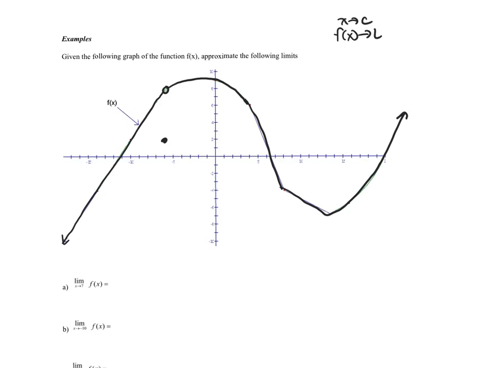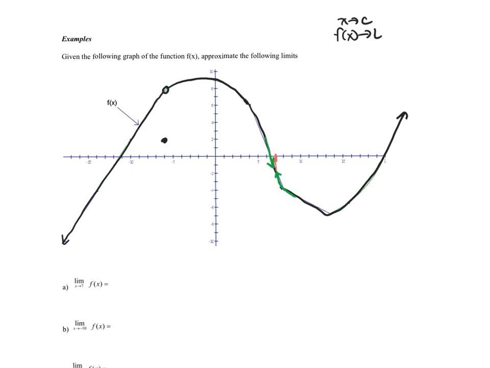Now a graph is not a perfect tool because, you know, we can't really pick out the exact values sometimes for the graph. So here's 7. So if I look at the graph, here is kind of 7 on the graph. As the x values get closer from this side, the y values get closer to that.